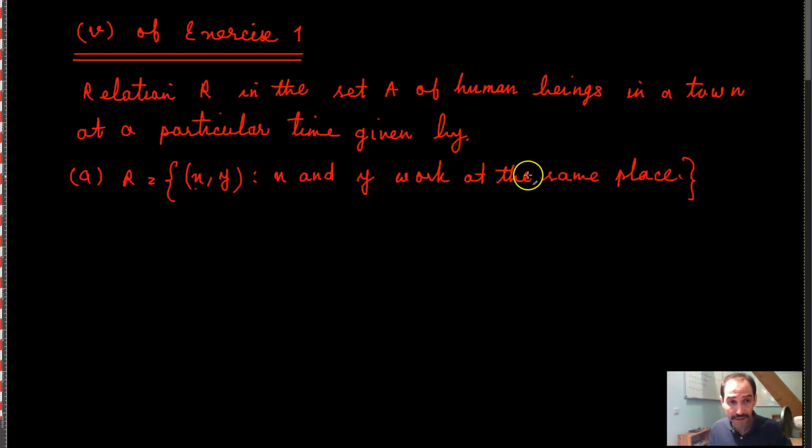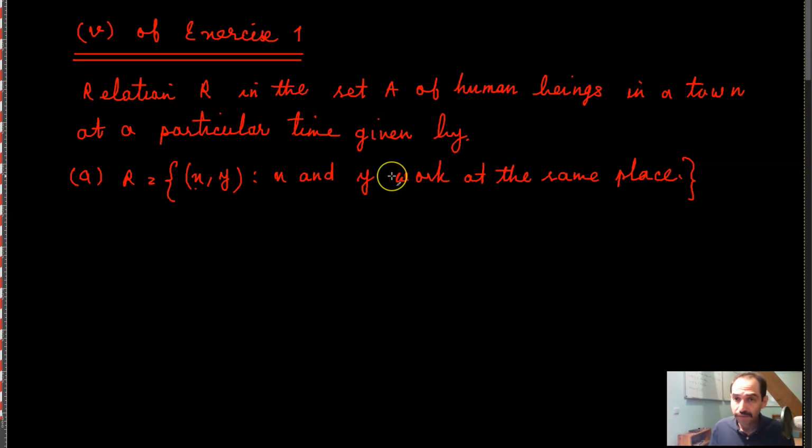So if that is the case, now we will have to solve this part of the problem, meaning that we need to find out whether R is reflexive, symmetric, and transitive here, and then we will change R using the same set, and then we will again find out whether those relations are reflexive, symmetric, and transitive. That's how this question works.